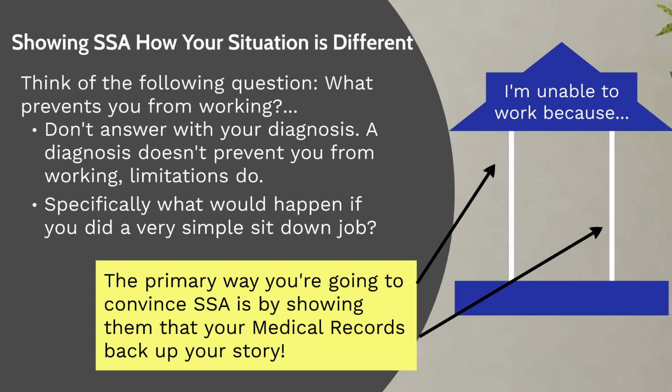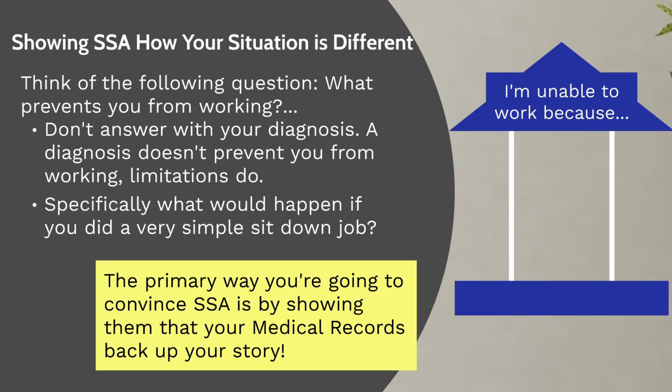But if you don't go to the doctor, or if you're not mentioning problems with your hands consistently over time, then your support is going to be very weak. It's really just going to come down to your testimony. And Social Security is not going to believe you just because you say what is going on. They've got to have proof.